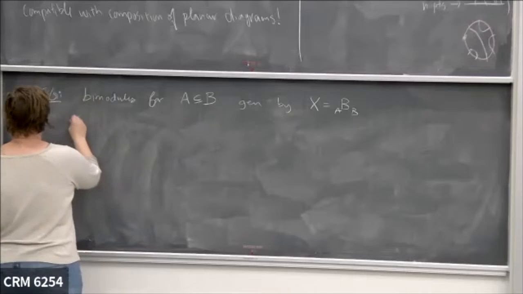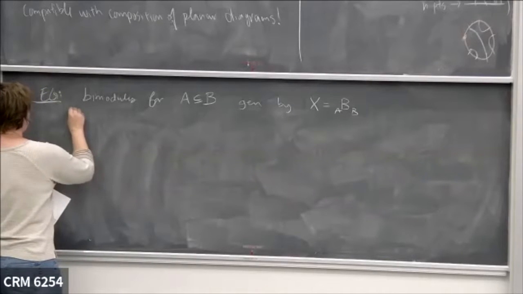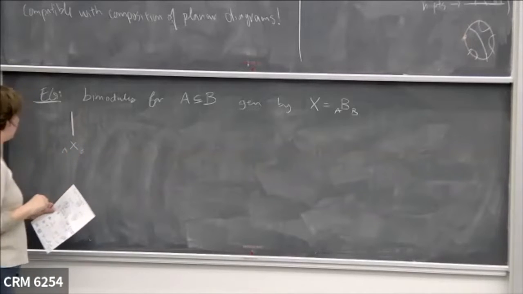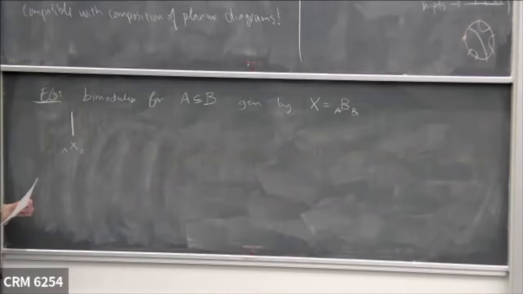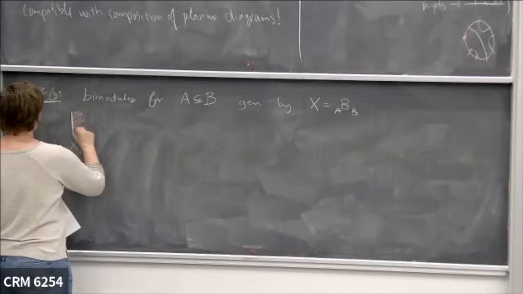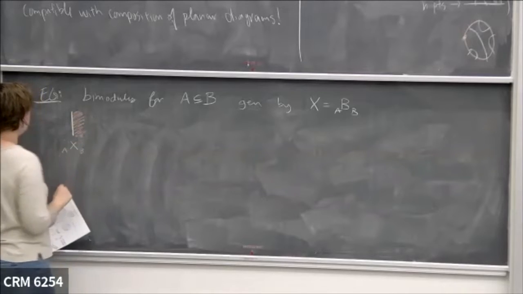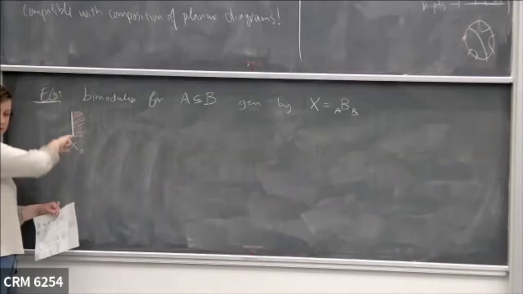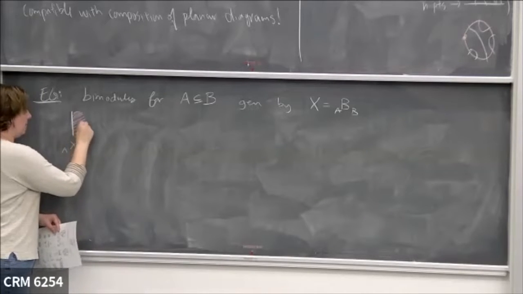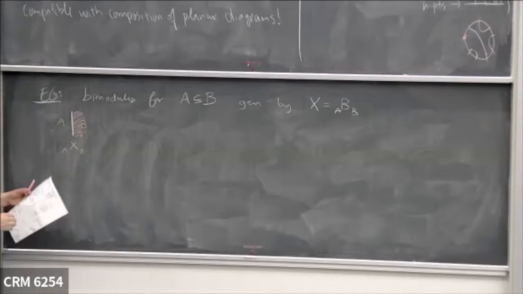And now, in this context, we really do have a need to keep track of orientation, except in this case, I'm going to call it shading. Okay, so I'm going to have some unshaded regions and some shaded regions, and the convention is that the shaded regions correspond to B and the unshaded regions correspond to A. So when I have a string like this, I'm thinking of it as labeled by X.